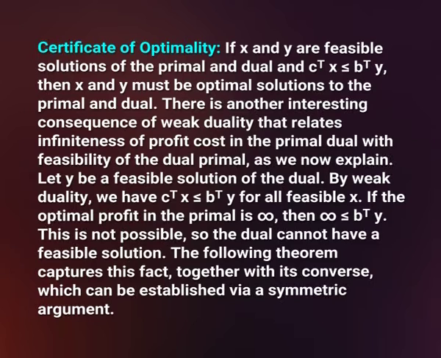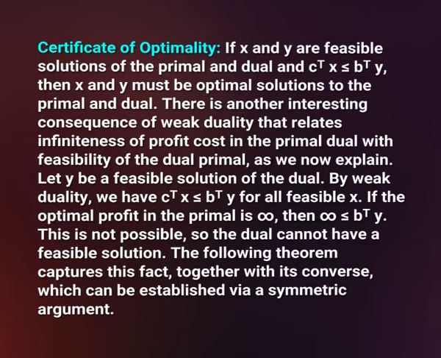By weak duality, we have c^T x ≤ b^T y for all feasible x. If the optimal profit in the primal is infinite, then infinity ≤ b^T y. This is not possible, so the dual cannot have a feasible solution.